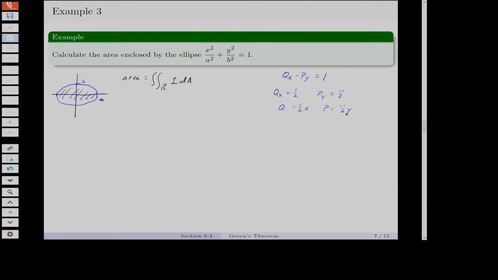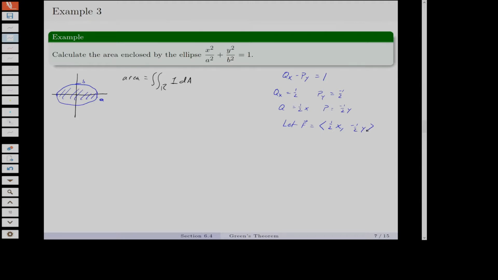Okay, now I'm not saying that that has to be the case. That's not the one and only vector field whose difference of the cross derivatives gives me 1. This is just one example that we can pick, and it's a nice simple one, right? So we're going to let F be 1/2 x comma negative 1/2 y.